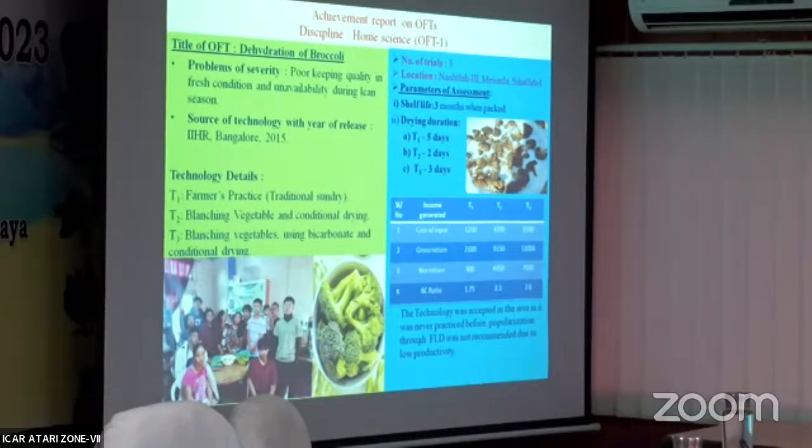The cost of input under the 3 treatments, gross return, net return, and the BC ratio. For the farmer's practice, it takes 5 days for drying, whereas under treatment 2, it takes 2 days, and for T3, it takes 3 days for drying.